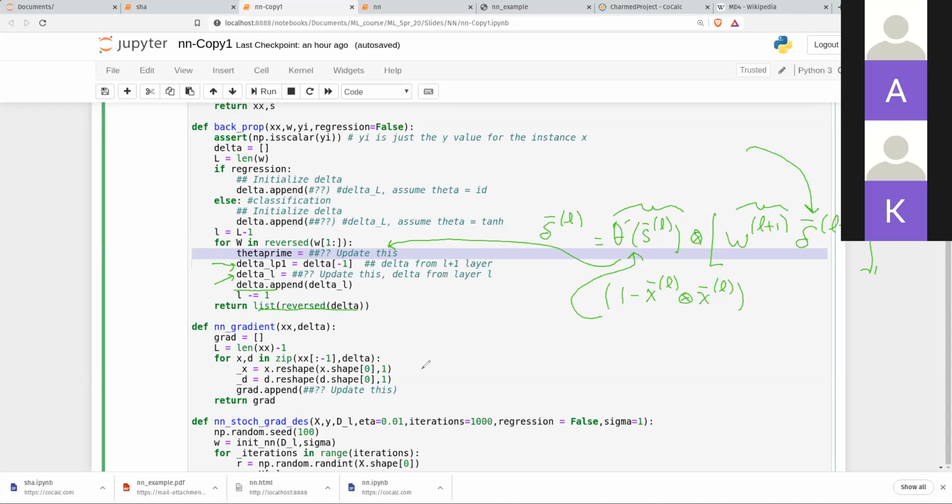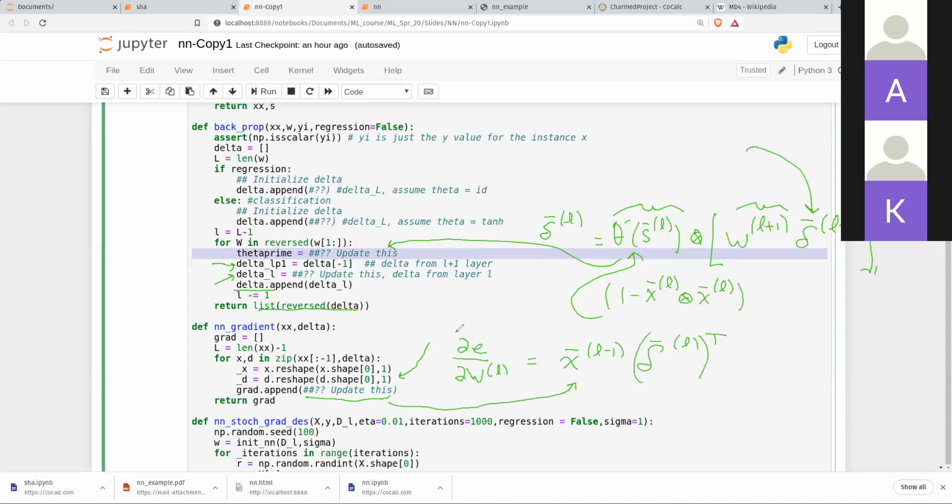And now to compute the gradient, you do so in this function here, and we've talked about this before. What this is computing is dE/dW L, which is equal to X L minus 1 times delta L transpose. That's the thing that's missing here, just this dot product.